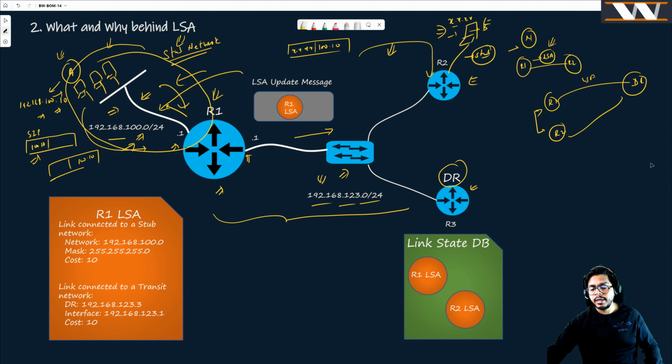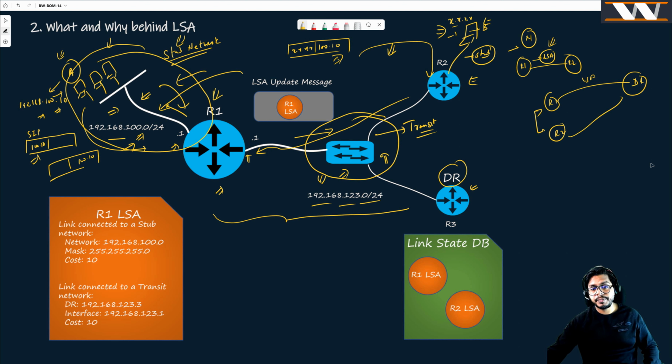But try to understand, when R2 is going to forward this packet towards R1, maybe it is the next hop for this route, right? This network is only used as an intermediate network, or basically a transit network, because this IP packet does not have source or even the destination from this network.